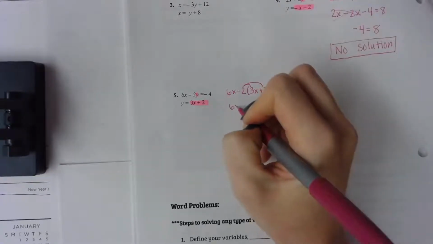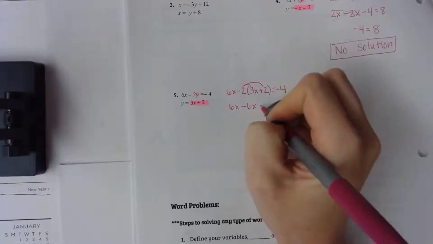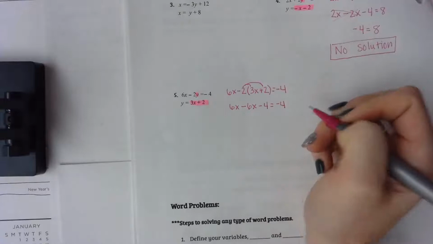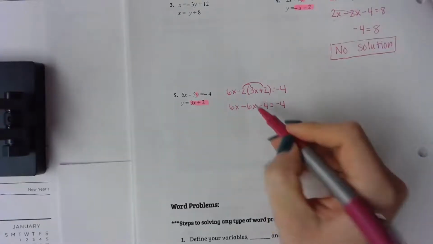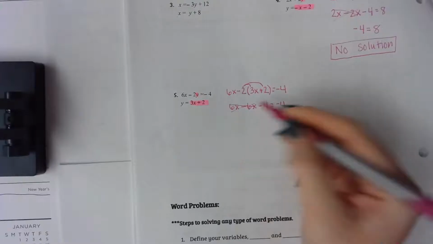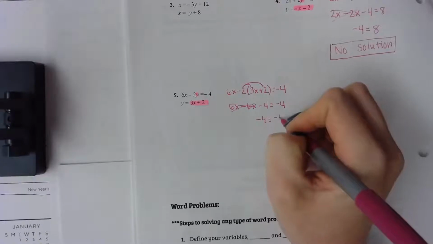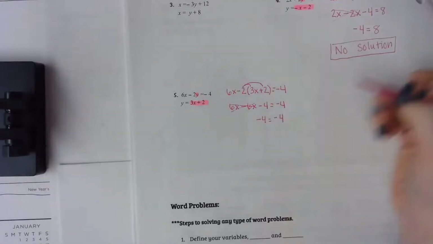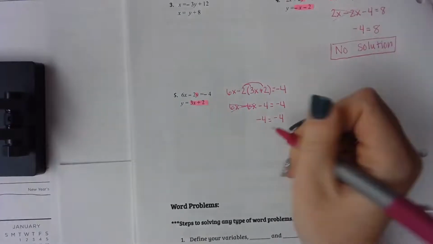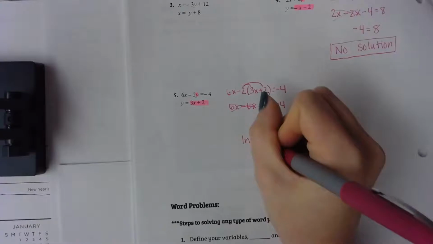So 6x minus 6x minus 4 equals negative 4. Again, these are going to cancel out because 6x minus 6x is just going to cancel. But this time I'm going to have negative 4 equals negative 4, which is true, where the last one was not. Negative 4 does not equal 8, so that was no solution. If they do in fact equal each other, then this is infinite solutions, or just infinite.